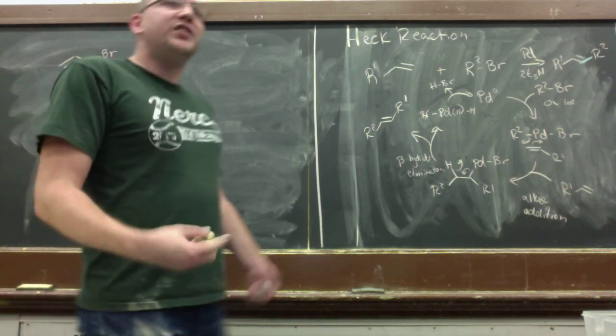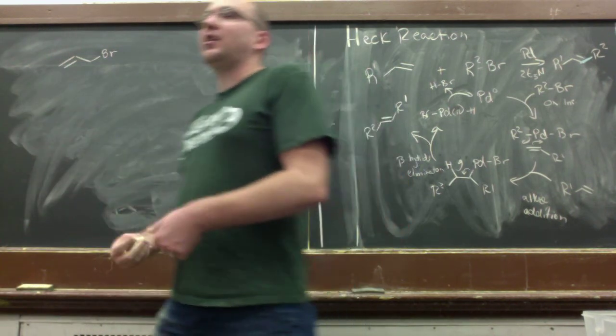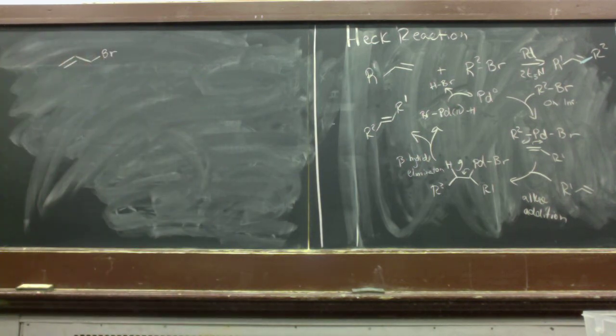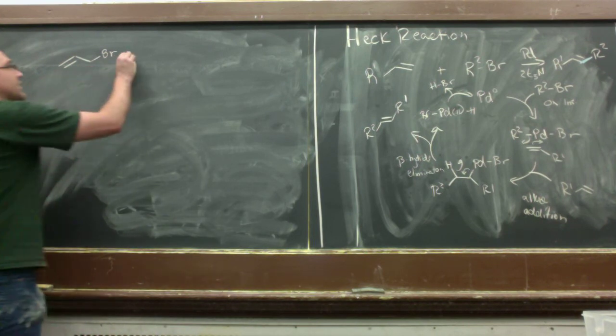One of the reasons is that you're not necessarily going to be stuck at that same issue of beta hydride abstraction, because the beta hydride might not be able to align as well, or for various other reasons. I've shown it as an allyl bromide, but it turns out that when you can stabilize that insertion, you can get even milder electrophiles. So you can imagine a situation like this.